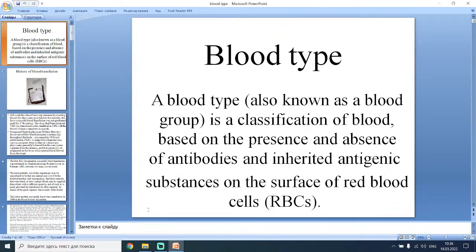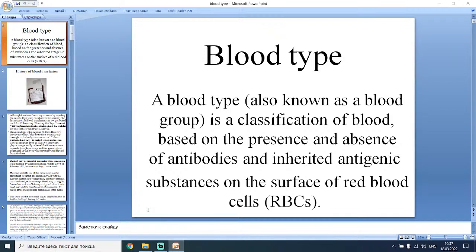Next lecture is blood type. Before this moment we talked about bleeding, and a very important method of treatment of bleeding is hemotransfusion.